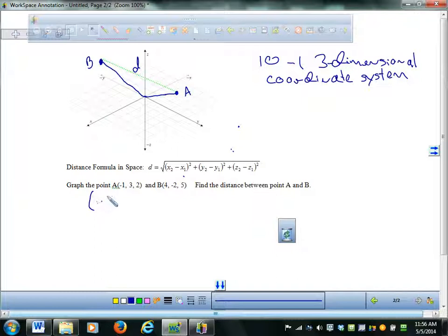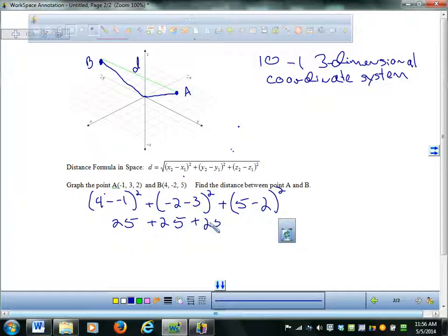So you go x2 minus x1. That'd be 4 minus negative 1, squared, plus negative 2 minus 3, squared, plus 5 minus 2, squared, which gives you 25 plus 25 plus 9.